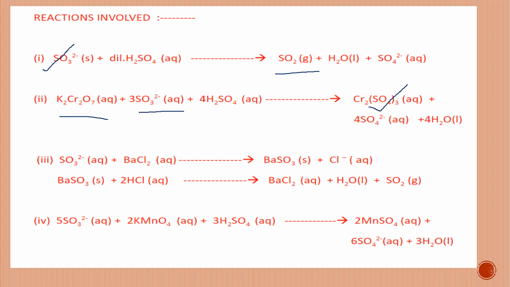And the next is sulfite aqueous solution with barium chloride produces instantly a white precipitate, that is barium sulfite. This solid is white in color. And then I will take a small quantity of this white precipitate and mix it with dilute HCl in a separate test tube. It will again change to barium chloride. That's why we are saying it is soluble in HCl. The barium sulfite is soluble in HCl because it makes BaCl2 again.